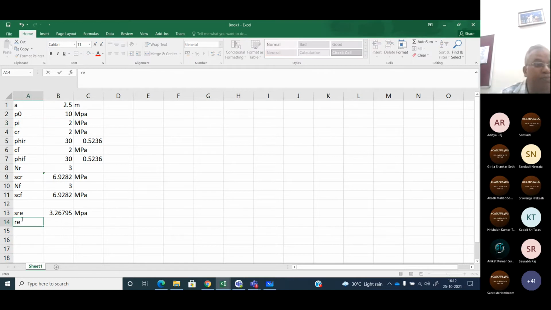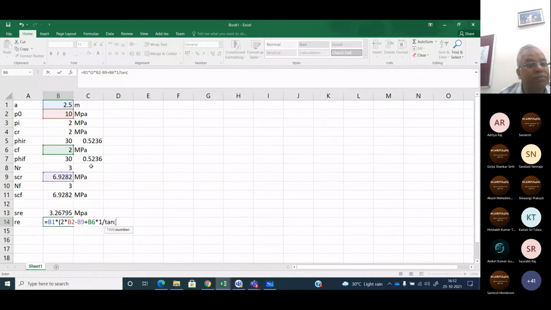So I can now calculate Re very simply: A multiplied by 2 into P naught minus this plus CF cot phi f, CF into 1 by tan phi f, multiplied by the entire thing by 1 plus NR.